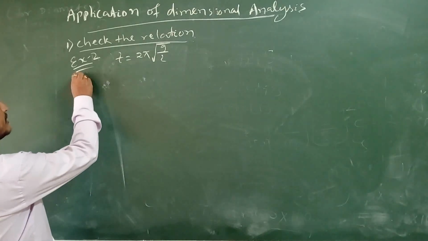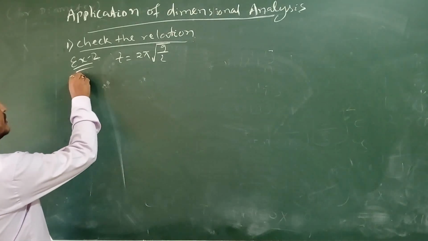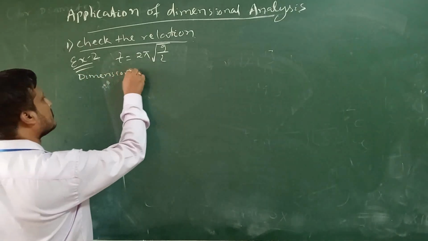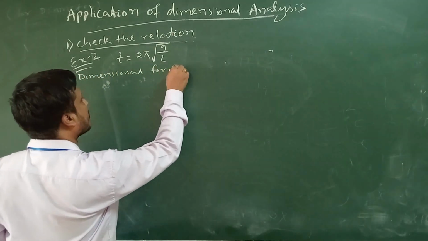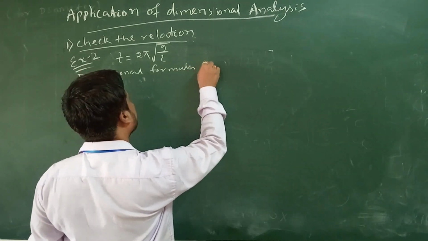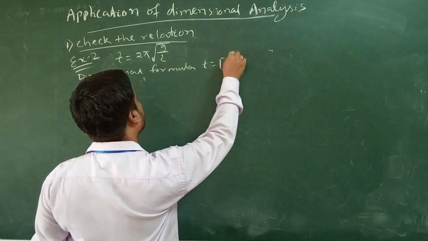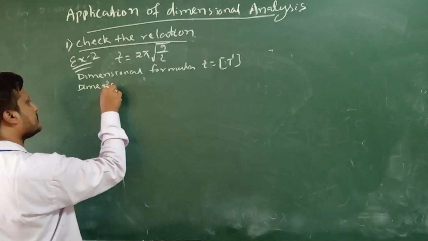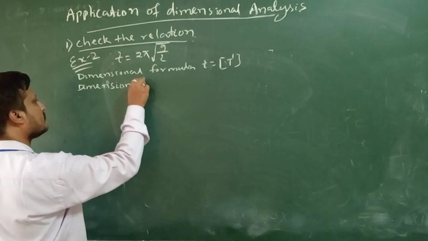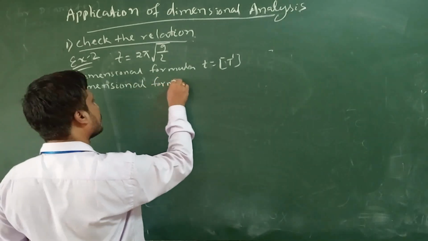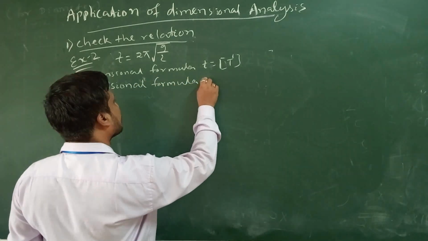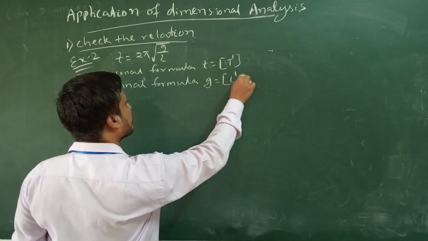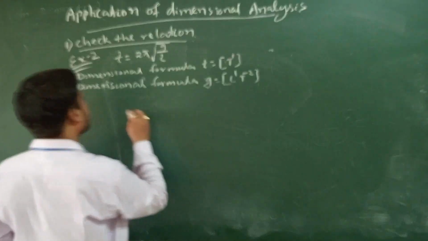So first in LHS, we find the dimensional formula of T, that is equal to T to the power 1. The dimensional formula of G equal to L to the power 1 T to the power minus 2.